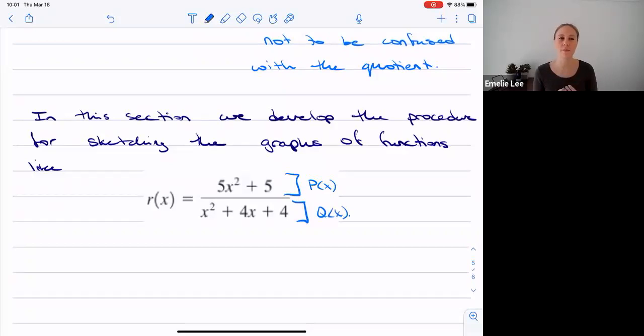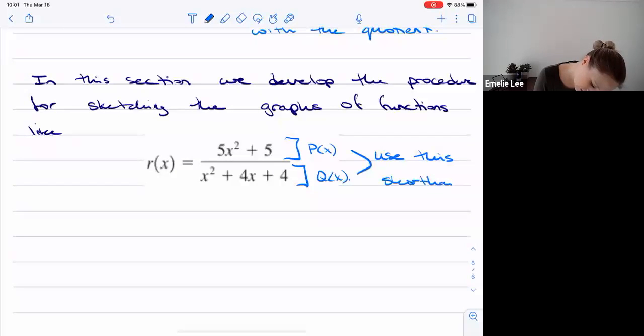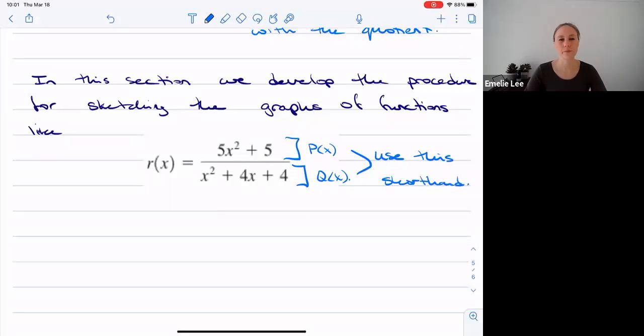So when I refer to them, instead of saying the numerator, which is P of x, and the denominator, which is Q of x, I'm just going to talk about them as P of x and Q of x. So we'll use this shorthand, just so we can talk about them quicker.